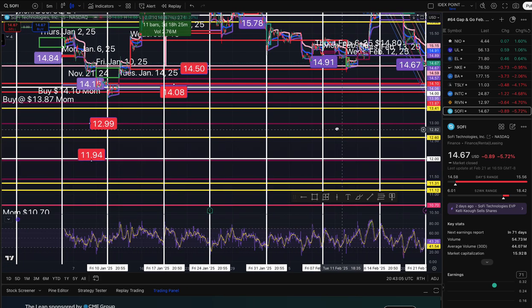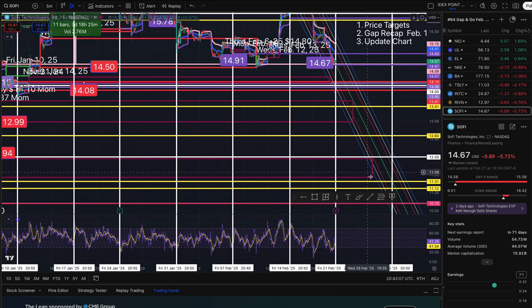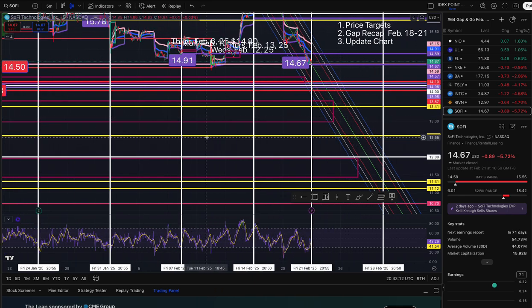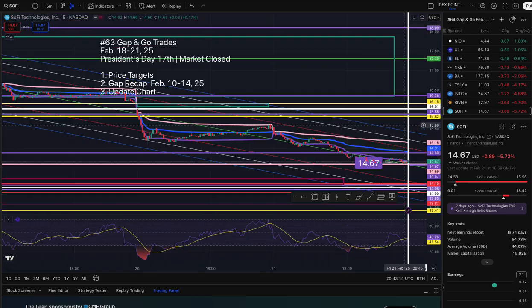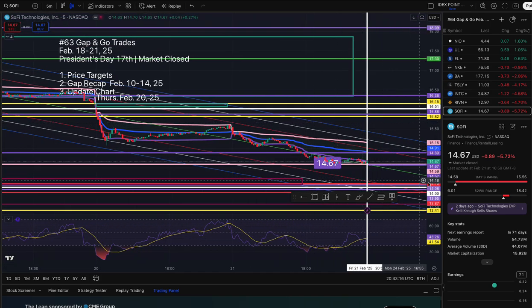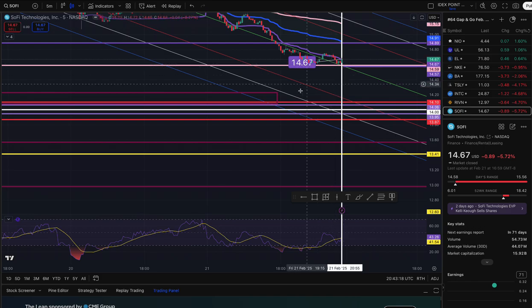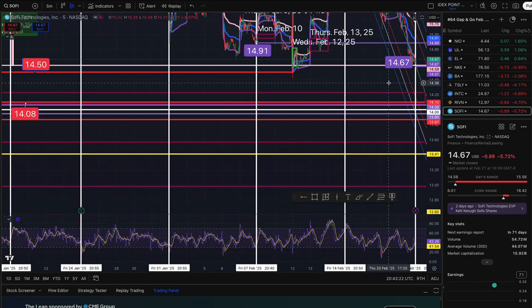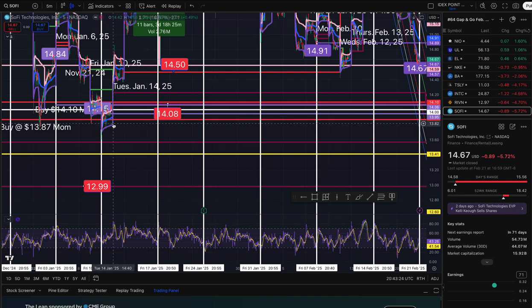All right, this gap at 12.99 is still in play, this gap. But this small gap is... Let me hit Option R again. So we've got this gap right now that is in play for this upcoming week. And when did it open? It opened on Tuesday, January 14th.